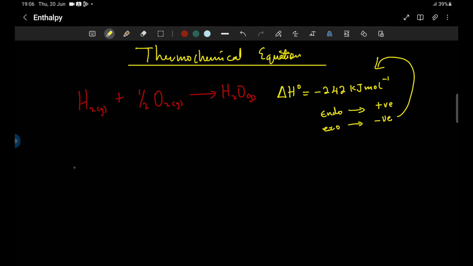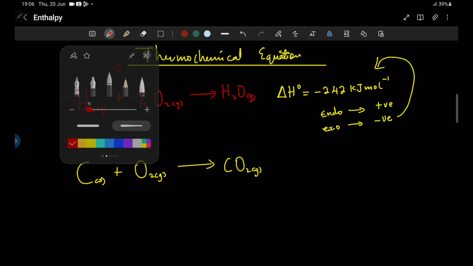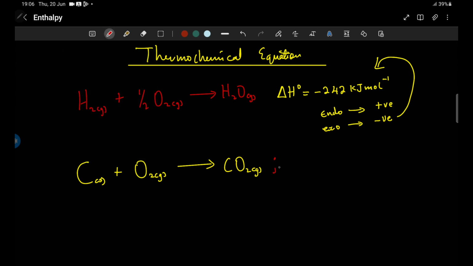One more example. Let's say we have carbon reacts with oxygen to produce carbon dioxide. And let's say this is delta H, and that is minus 393 kilojoules per mole.